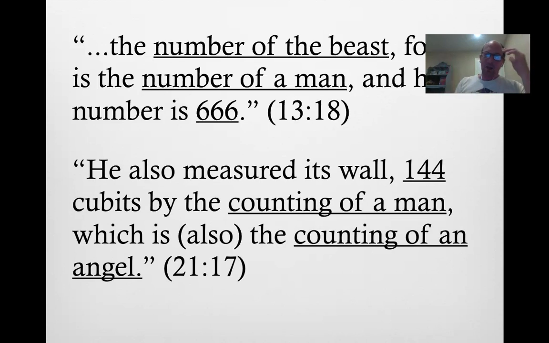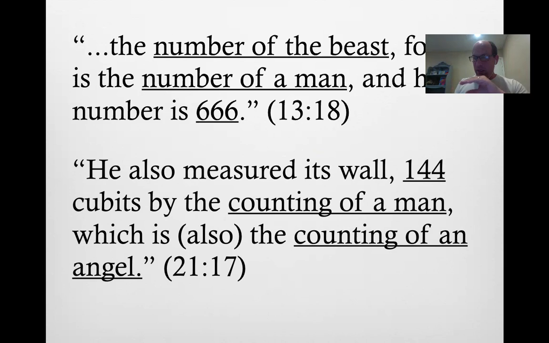But look at this. So they measured the wall, 144 cubits, by the counting of a man, which is the counting of an angel, right? So again, counting a number, these connected words: 144, counting of a man, counting of an angel, number of a beast, number of a man, 666. Look at what John has done. It's fascinating.